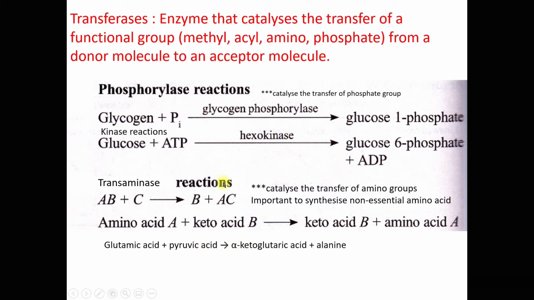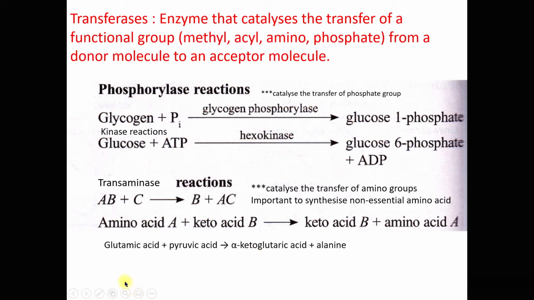Now, to be more detailed, what happens? Transaminase transfers the amino group from glutamic acid into pyruvic acid. So we have alpha ketoglutaric acid and alanine. So meaning to say, when the amino group from this glutamic acid is removed, this glutamic acid becomes the alpha ketoglutaric acid.